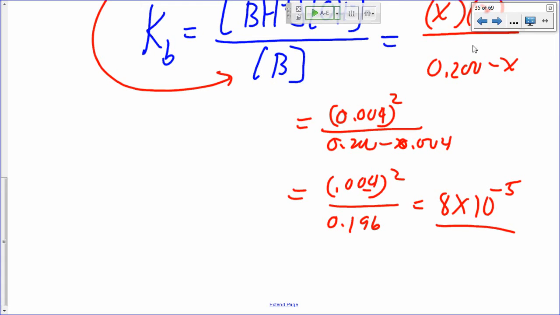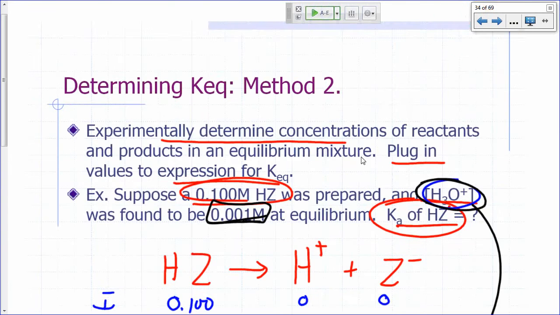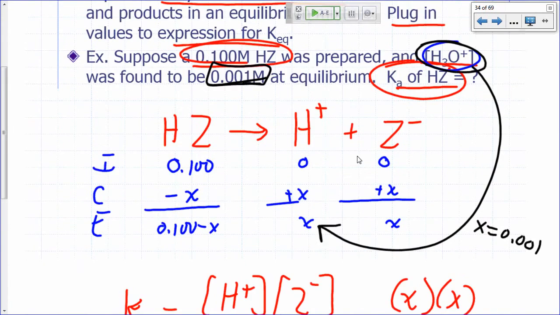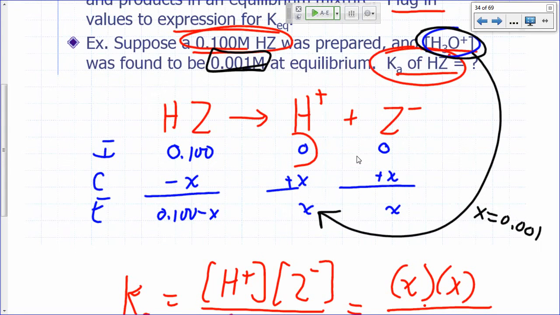Okay, comment. You may be wondering, why did I say H plus was 0 to begin with? Doesn't water have H plus, like 10 to the negative 7, right? So I'm making an assumption there that 10 to the negative 7 is negligible.